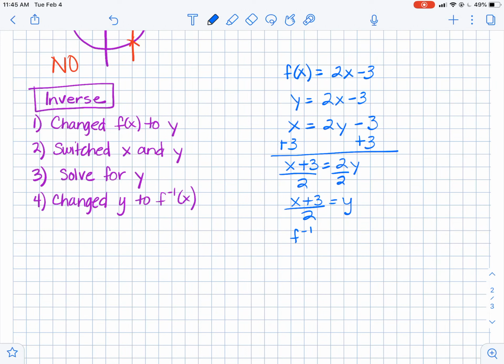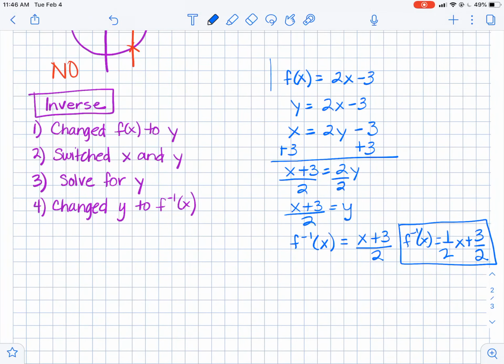And so I usually be sure I switch it and put the f inverse on the left. You can either leave your equation in that form, or if you would like, you can put it into slope-intercept form so that we can graph it. So we have our inverse and we have our original equation, okay?